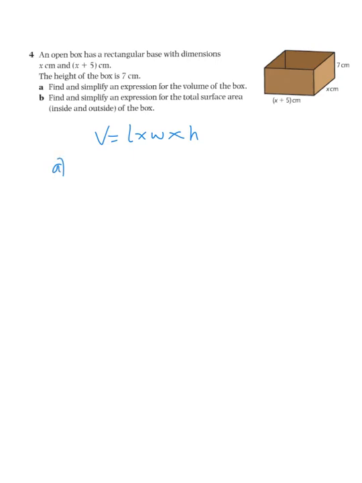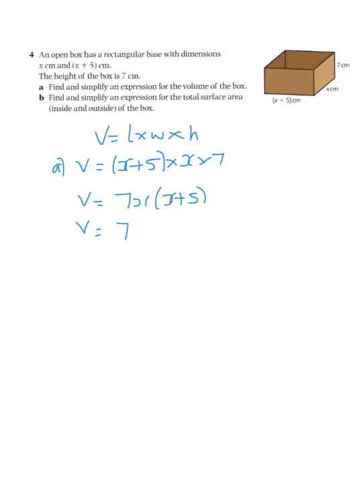So for A, I would say that the volume, I'll take each of my 3 dimensions. So I've got x plus 5 multiplied by x multiplied by 7. So if you like, x times 7 will give me 7x multiplied by x plus 5, and then expand the bracket.